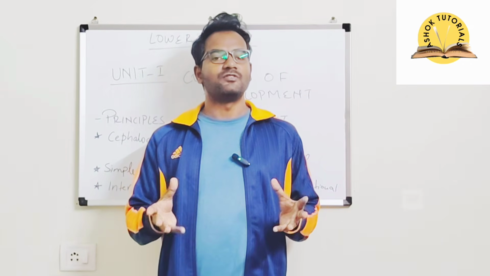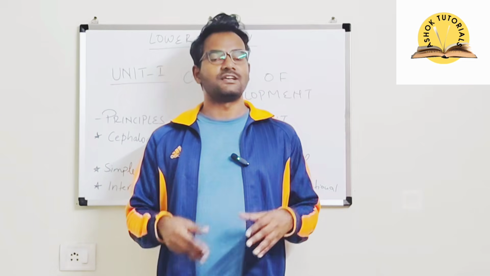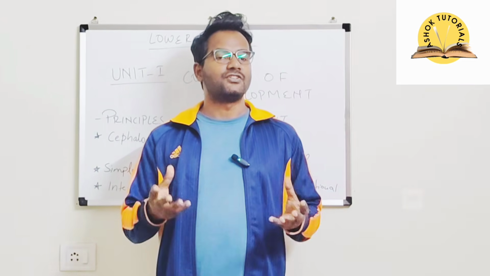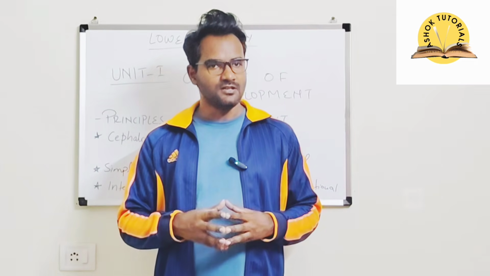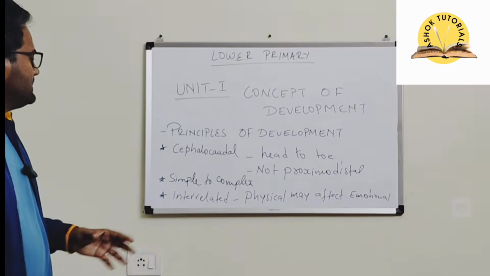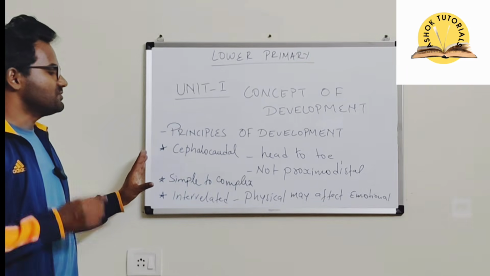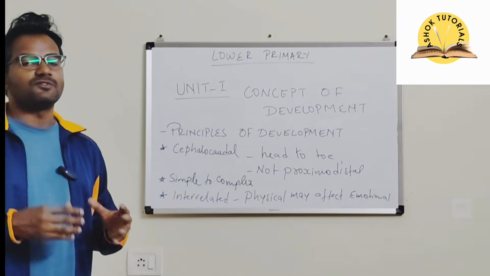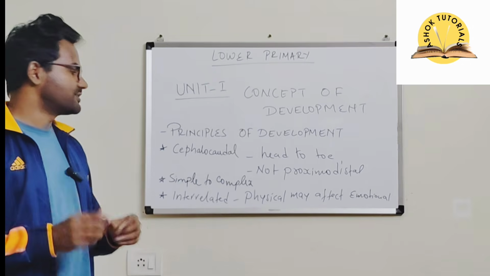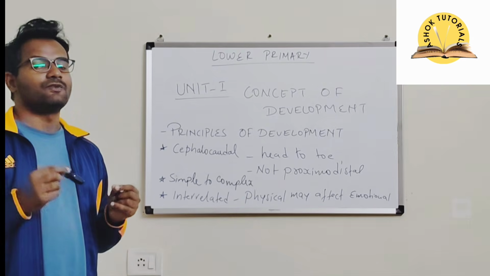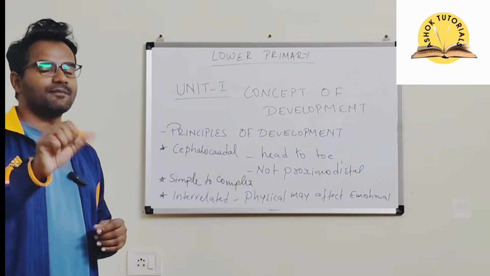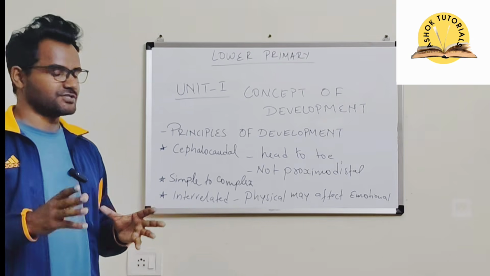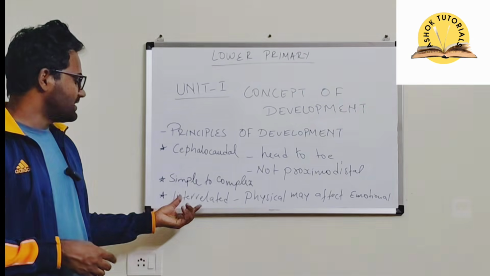And we also know about individual differences, right? We have also seen that development always goes from head to toe, which means it is cephalocaudal in nature. Remember that. Simple to complex means the child will learn to grasp a pencil and only then write. Right? It's a systematic process and interrelated.